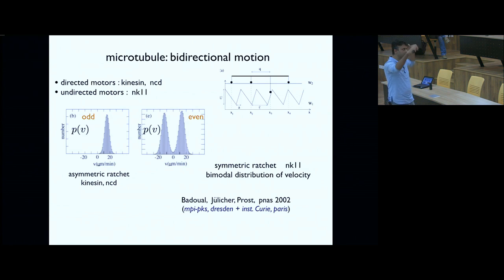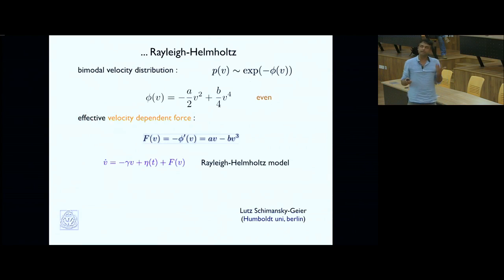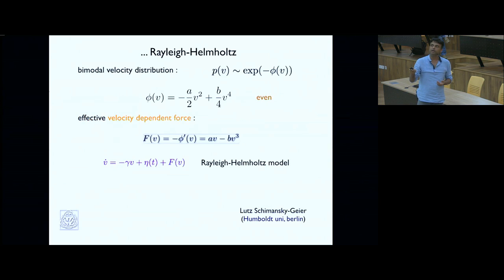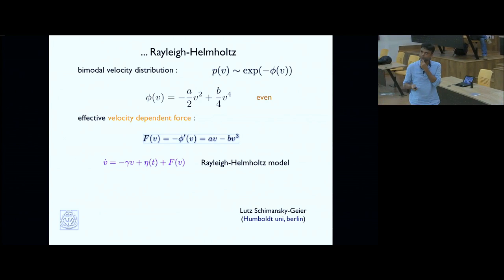So you have to imagine that single microtubule being driven by many of these motors together. And then in the symmetric case, obviously this distribution looks like a symmetric distribution which can be captured by a velocity dependent potential, and the velocity dependent potential can then be used to write down a velocity dependent force, which was written for that specific case, and certain experimental results could be analyzed using these equations.